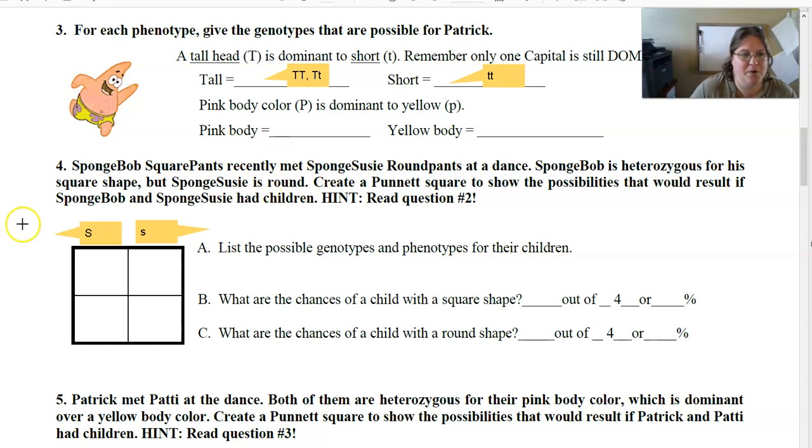So we're going to put one here, and that one's going to be a little s, and we're going to put one here, and that one's going to be another little s. Okay, so we've got the parents. The parent on this side is going to be the dad, SpongeBob. So I'm going to write SpongeBob.